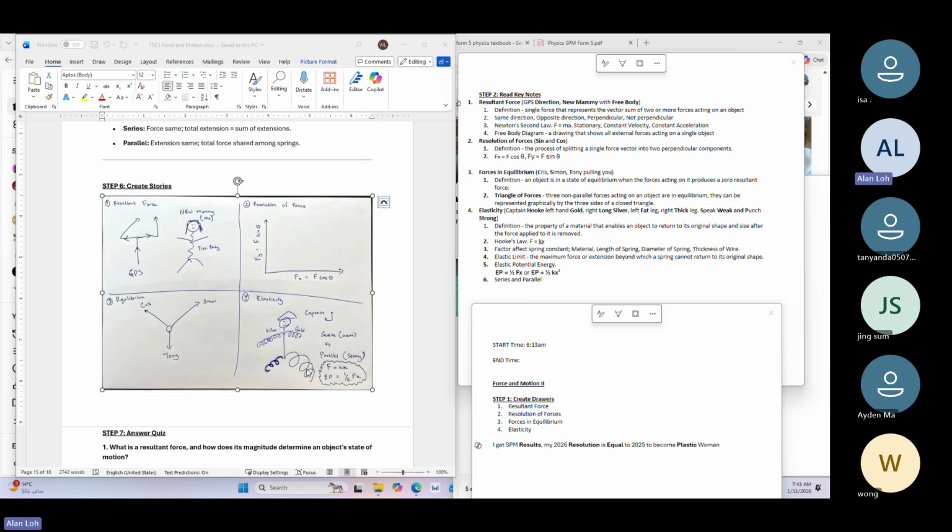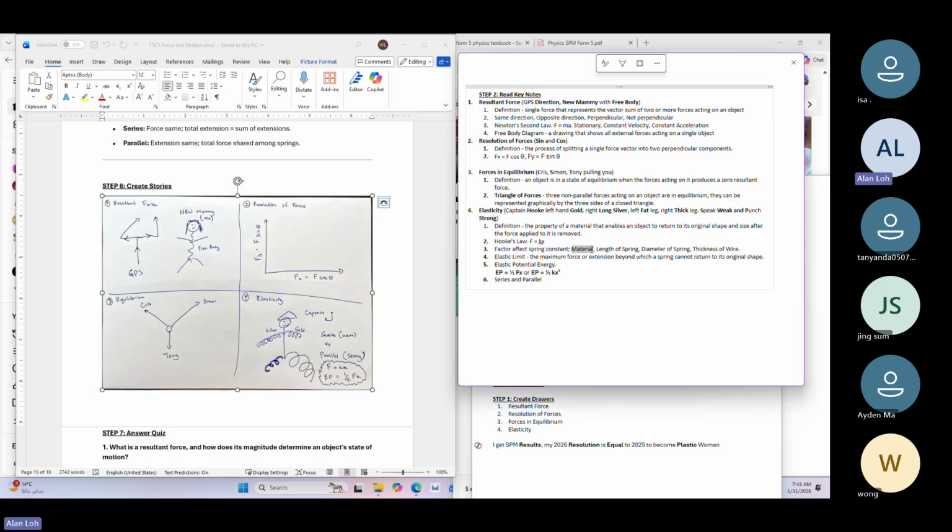Why is it gold and silver? It's because the factors affecting the spring constant depend on the materials. So gold and silver represent the materials. Different materials, different spring factor affecting the spring constant. Then different length of the spring: shorter gold left arm and longer silver right arm. Then diameter. That is the leg.